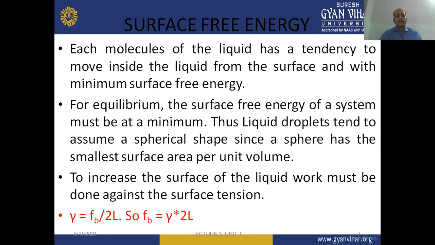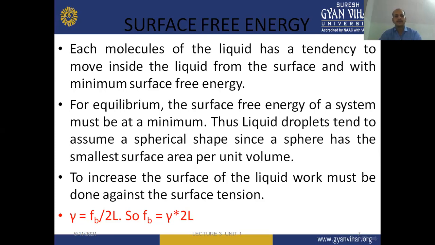Now, to increase the surface of the liquid, work must be done against the surface tension. Mathematically, it can be defined as gamma equal to Fb by 2L, where gamma is the surface tension and L is the length of the movable bar.